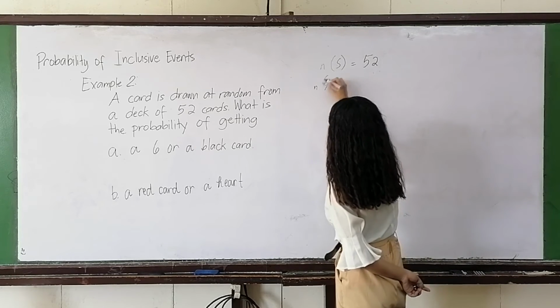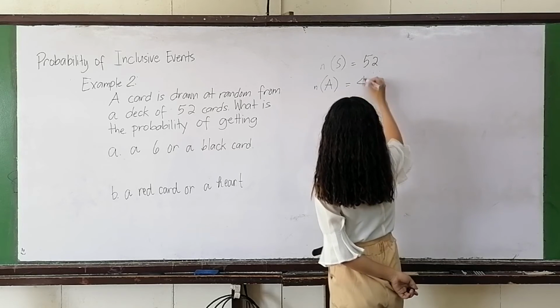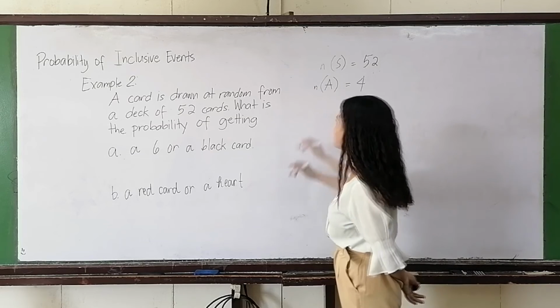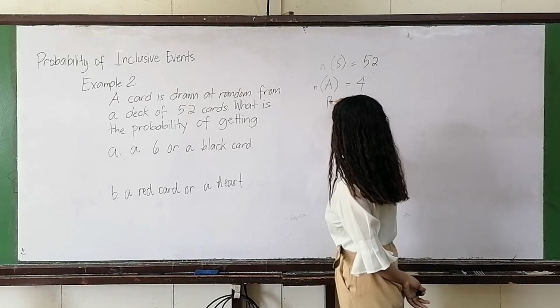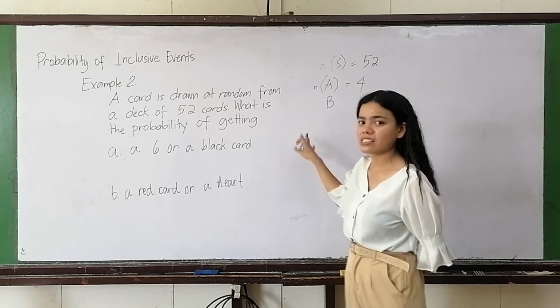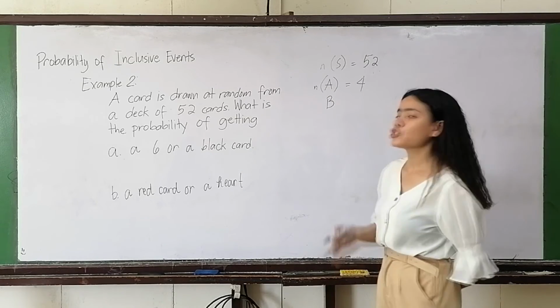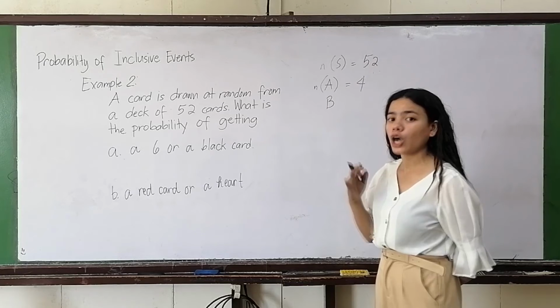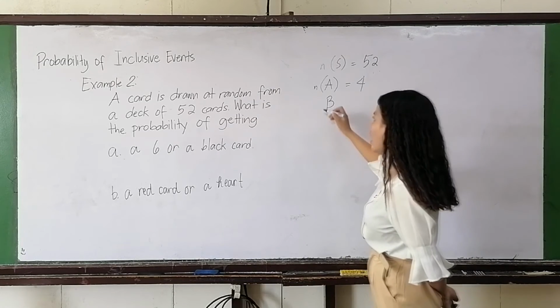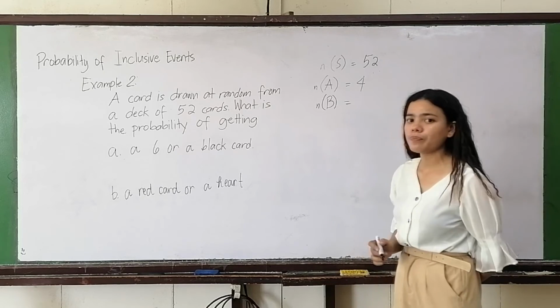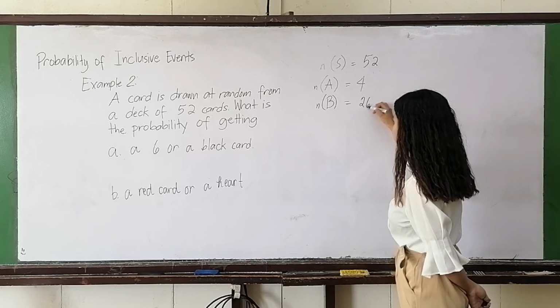Therefore, N of A is equal to 4. Now, for our black cards, let's say that B is the event for black cards. So we know that there are 26 black cards in a deck of cards. Hence, N of B is equal to 26.